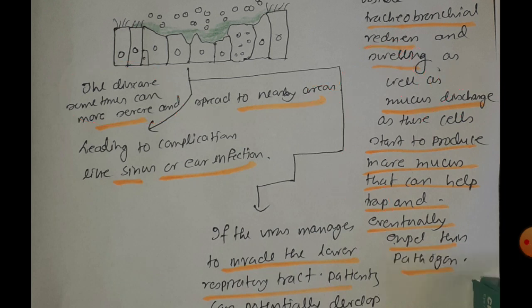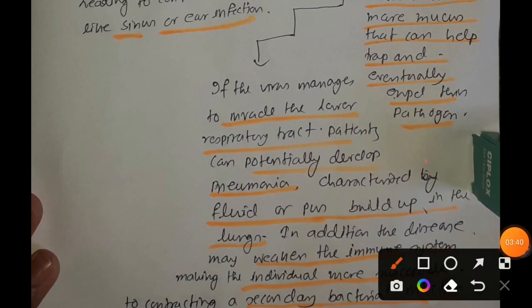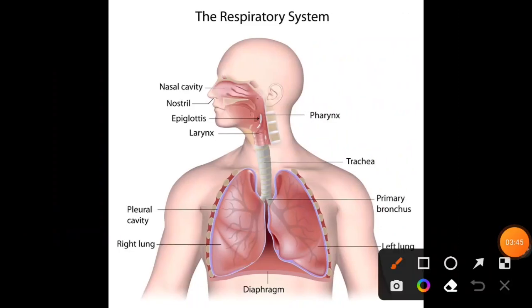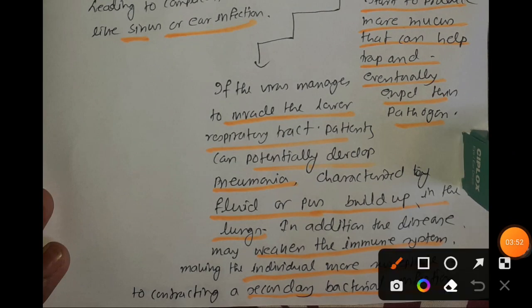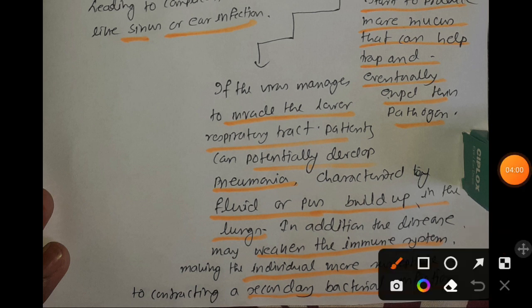Not only that, if the virus can manage to invade the lower respiratory tract, under such circumstances they can develop pneumonia, with pus or fluid build-up in the lungs. In addition, the disease may weaken the immune system also.